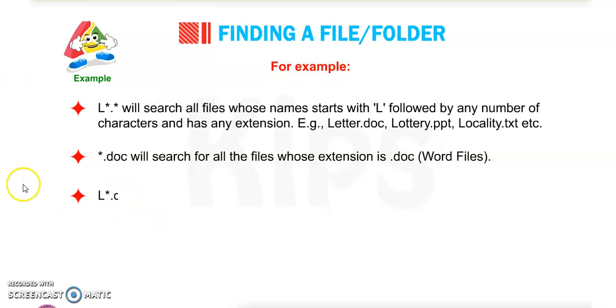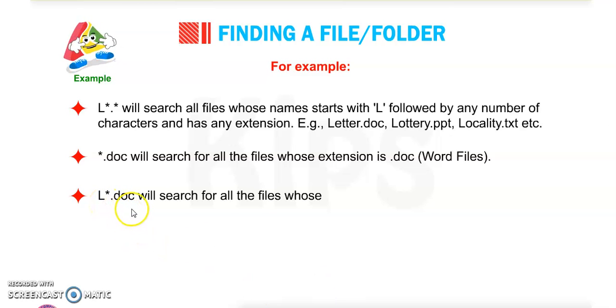Now the third example is, if we write l star.doc, it means all the files starting with the letter L, and they are only document files, not other extensions. In the previous example, doc files, presentation files, and text files, all would be listed.